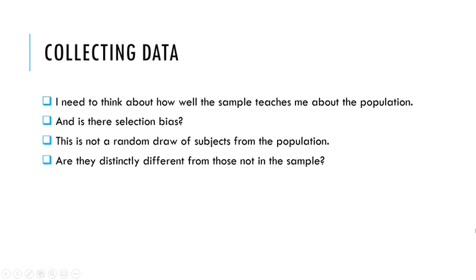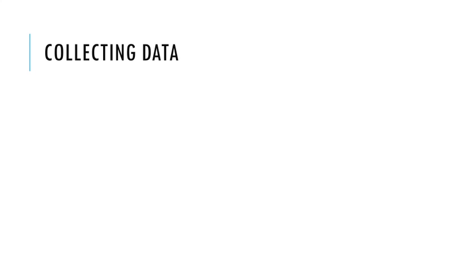So we'd have to ask ourselves, are they distinctly different from those not in the sample? Yeah, they might be, because they're all in a rural area of Virginia. So that might not have been a good sample if I wanted to learn about the entire population. But it was a good sample if I just want to learn about this rural school system. I hope that makes sense.